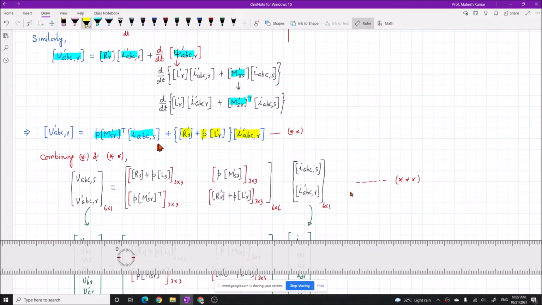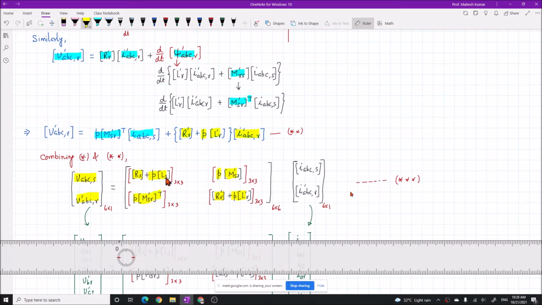So we can write in matrix form in a very concise way: this is V_ABC stator, this is V_ABC rotor, prime of course because it is referring to the stator side, and this is Rs plus P Ls, this is R_R' plus P L_R', and the mutual coupling is P M_SR' and P M_SR' transpose.